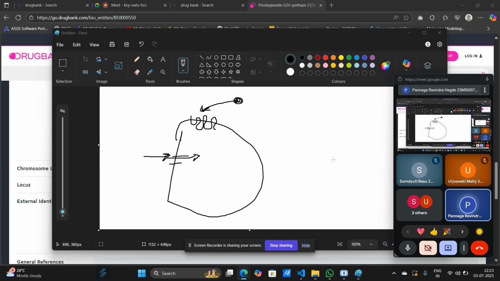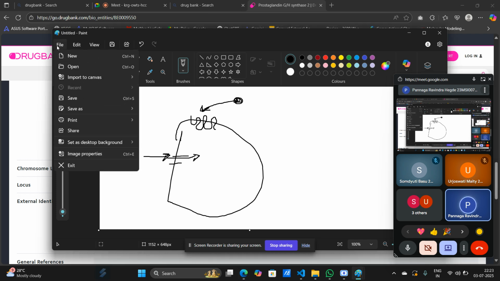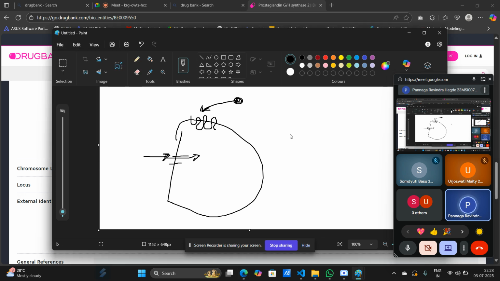And then there are a few drugs which themselves can act as substrates. I think this can be a good example. Let's say there is a glucose shortage in my body. If I take the glucose directly as it is, that itself is going to become the substrate.